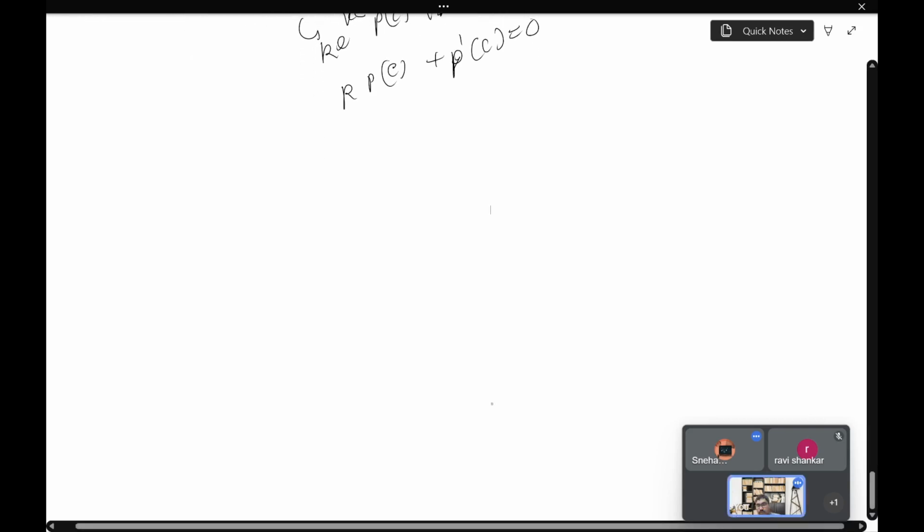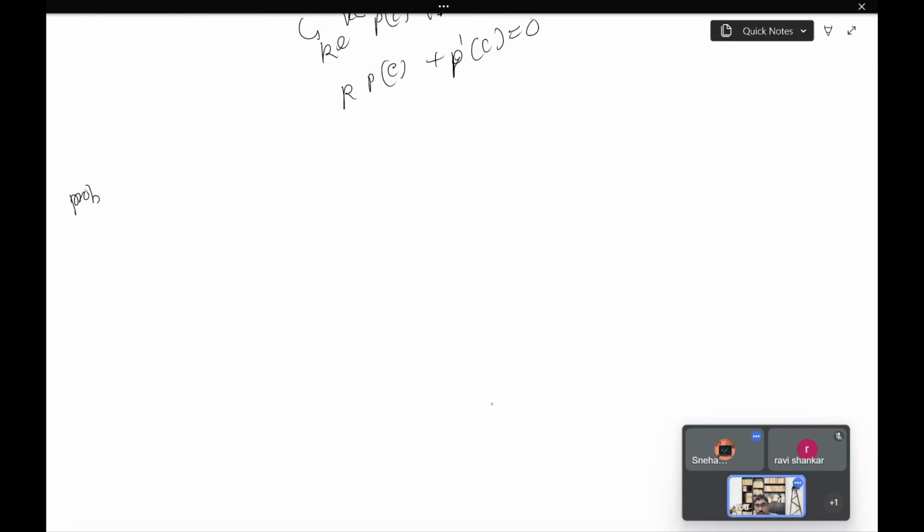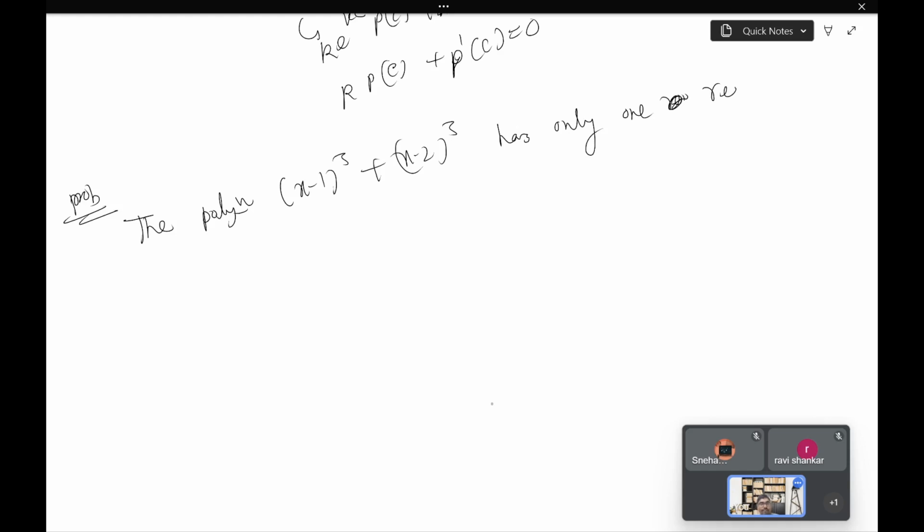Okay, so consider the following problem. This given polynomial has only one real root.